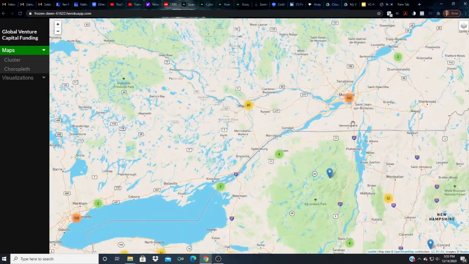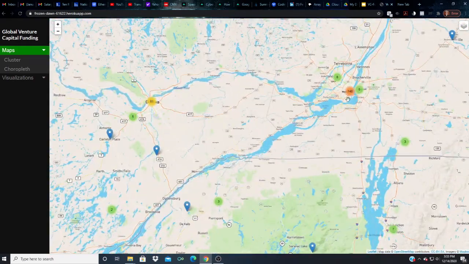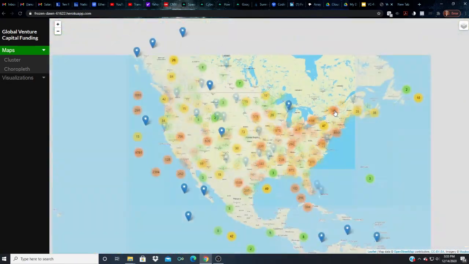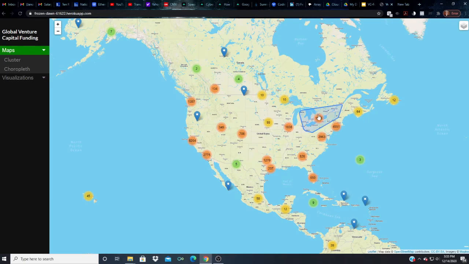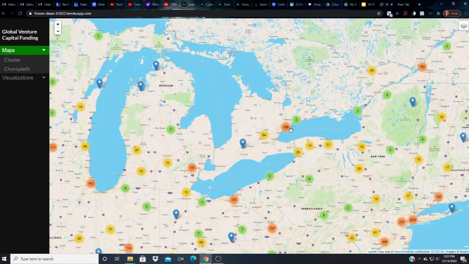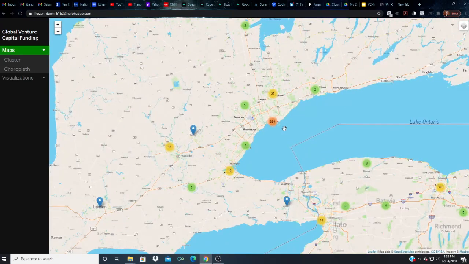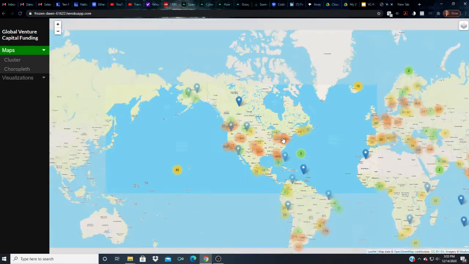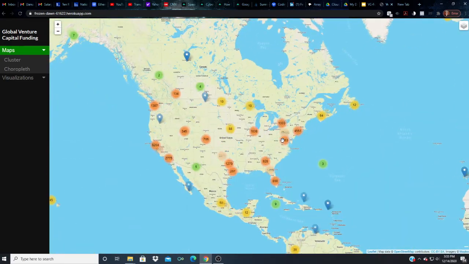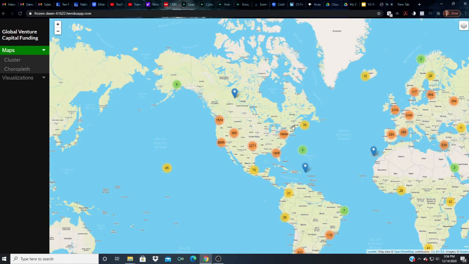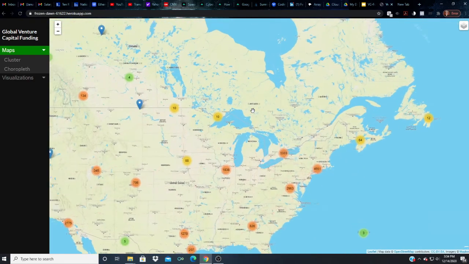For example, here I think that says Montreal, but if you zoom out, it's grouped into the Great Lakes area. Or here you have Toronto, which is grouped into the Great Lakes, which also looks like the United States. If you zoom in, it includes it, but it's hard to tell.